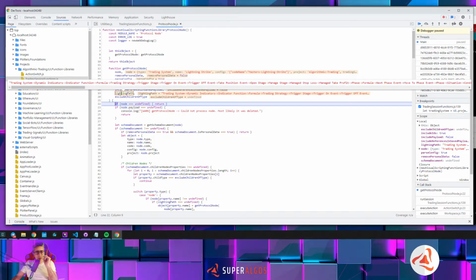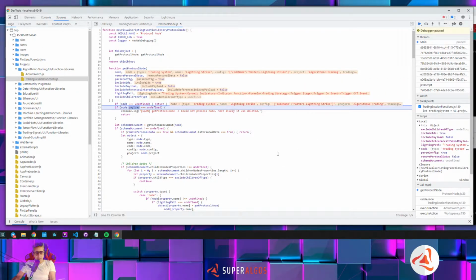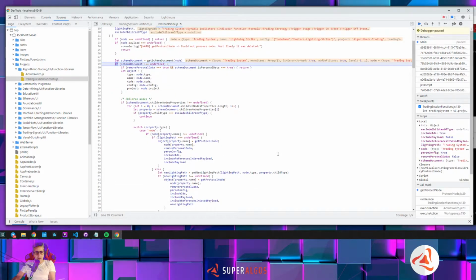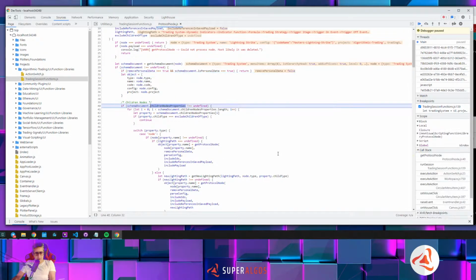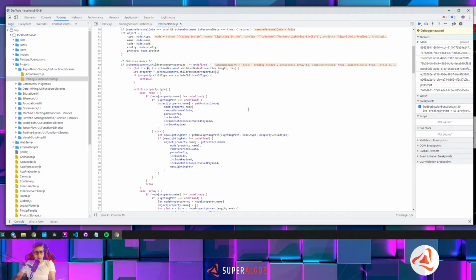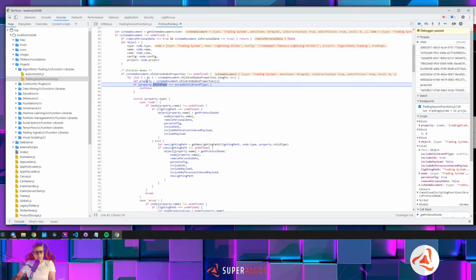So lighting path, it should include at some point, okay, this is going to be a little bit difficult, but not so much. We have several children here. Property, trading strategy.